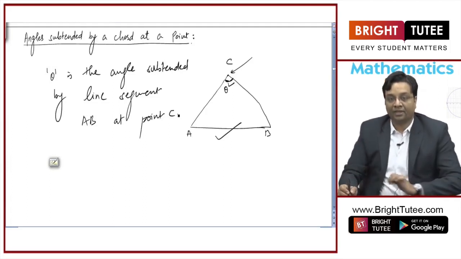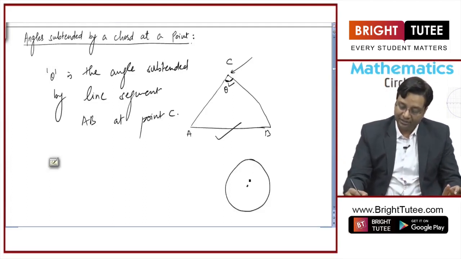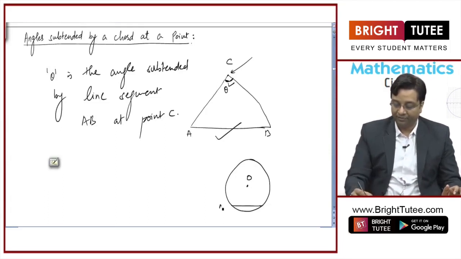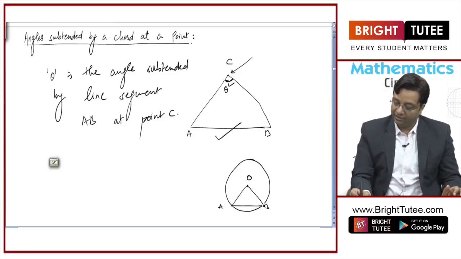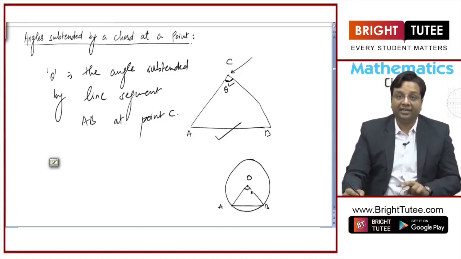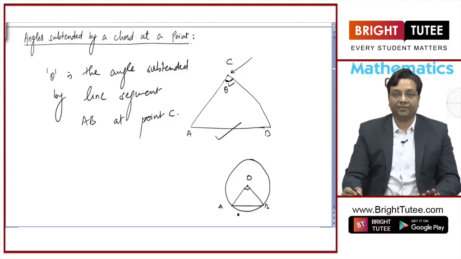Okay, so in case of a circle, let us say this is the center of the circle and this is a chord AB. If I draw this angle, angle AOB, this is the angle subtended by chord AB at the center of the circle.